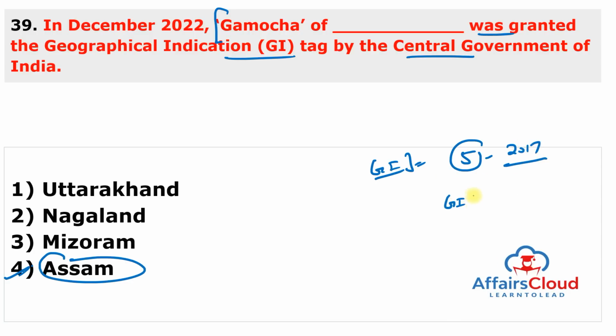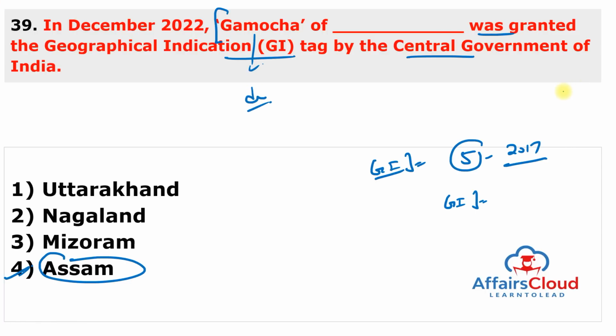And geographical indication is primarily a product that originates in a certain geographical location, whether it is a manufactured product, a handicraft or an industrial good, a natural product or an agricultural product. And a gamocha is hand-woven rectangular cotton cloth with red borders and various designs and motifs. It is also known as gamcha. And a gamcha, which literally means a towel, is widely used in the Assamese household for daily activities. So it is also known as gamcha in northern India.